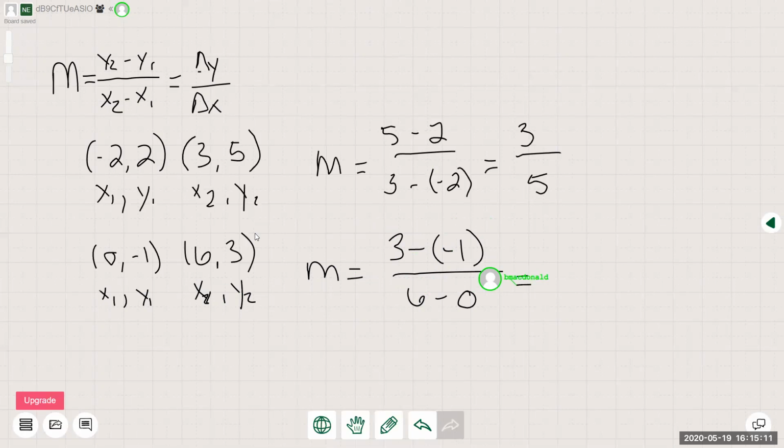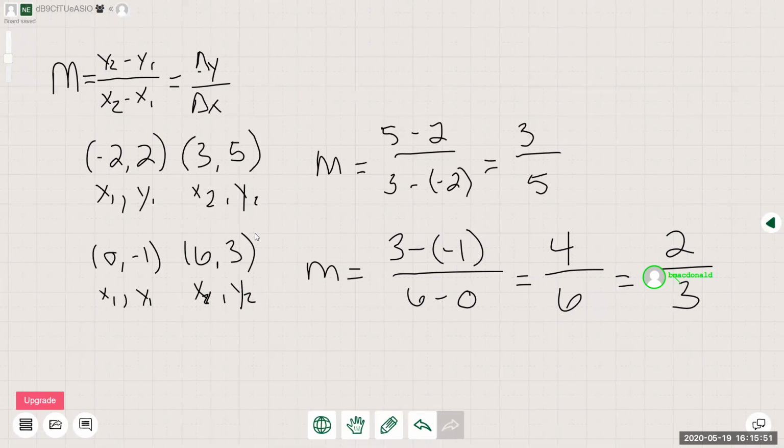So we're just going to subtract out. So 3 minus a -1 is actually a 4. And 6 minus 0 is going to remain 6. So we can't really divide this out, but we can reduce it. We'll just find a number that goes into each of these evenly, and both of these numbers can go into 2 evenly. So we'll just divide by 2. So 4 divided by 2 is 2, and 6 divided by 2 is 3. So for this particular ordered pair, we have a slope of 2/3.